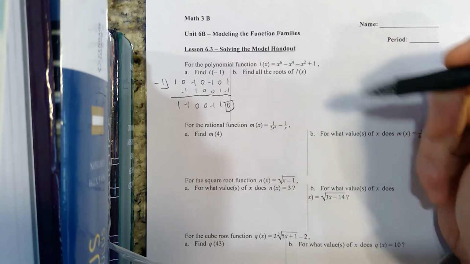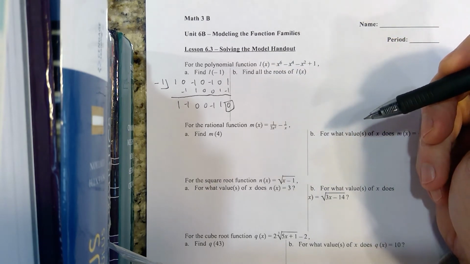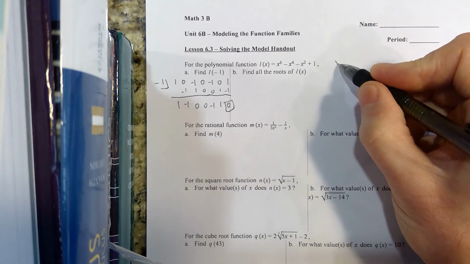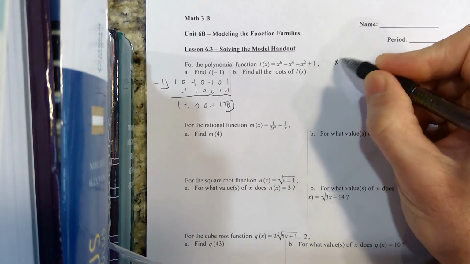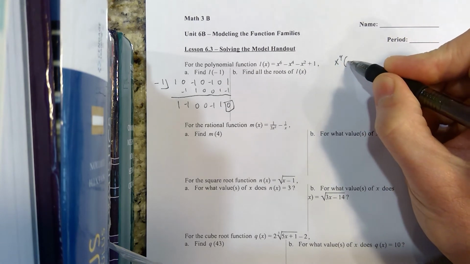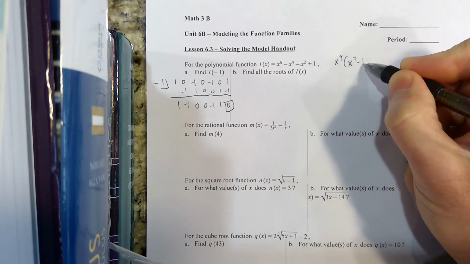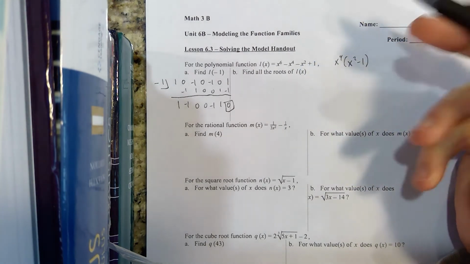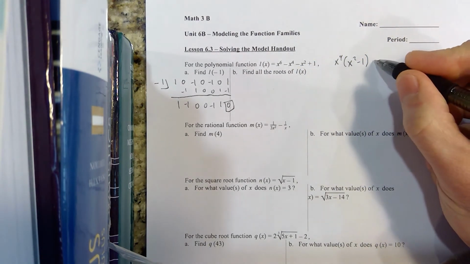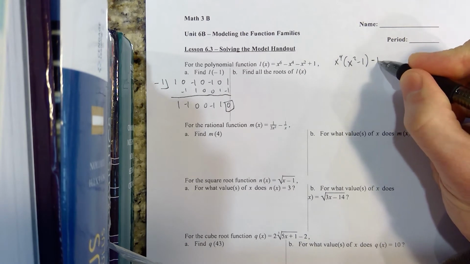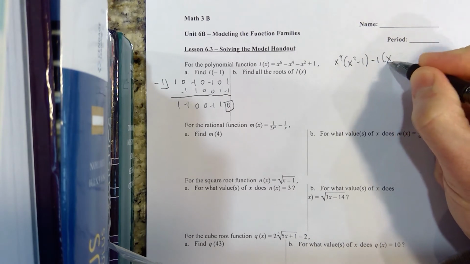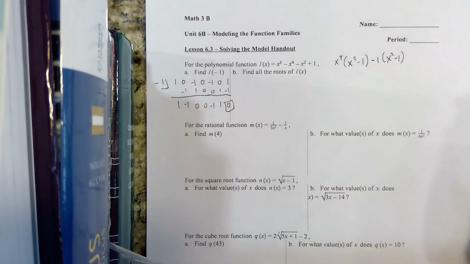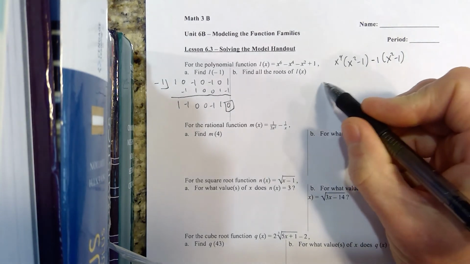I can factor out an x squared term, or sorry, not x squared, x to the 4th. Okay, and my second group, I'm going to factor out a -1. And I can see my factor by grouping worked out nicely.